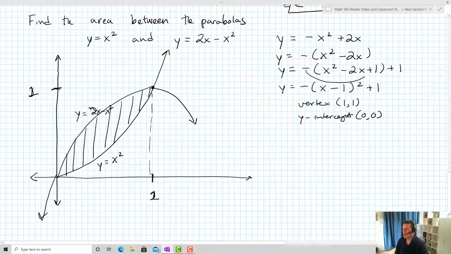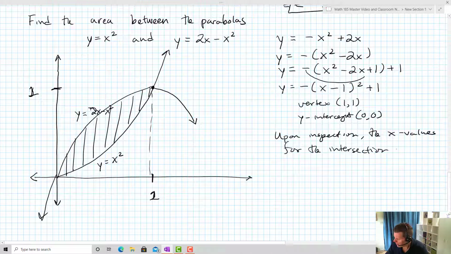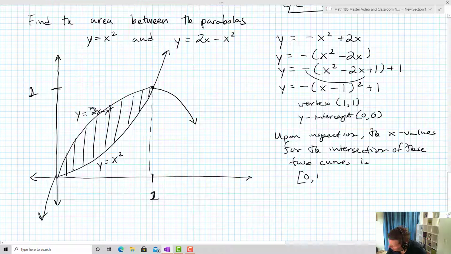Now, upon inspection, the x values for the intersection of these two curves are, in fact, 0 to 1, or the points 0, 0 and 1, 1.